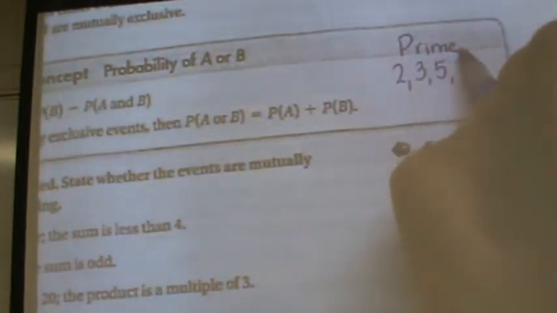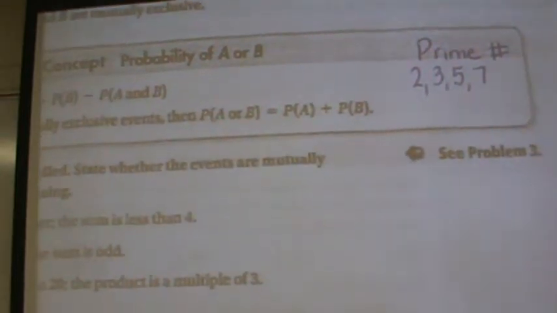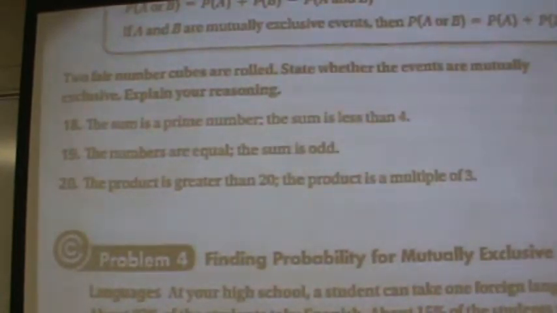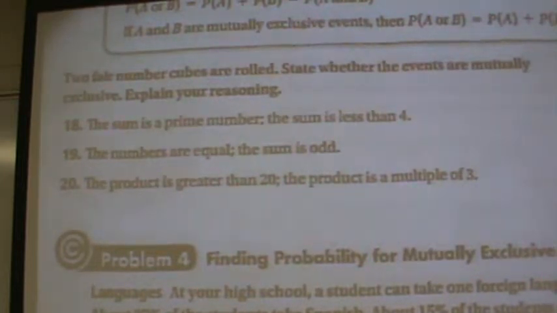Not 1, 1 is not prime. So, question. Can you roll 2 numbers, can their sum be prime, and the sum be less than 4? Can you do that?